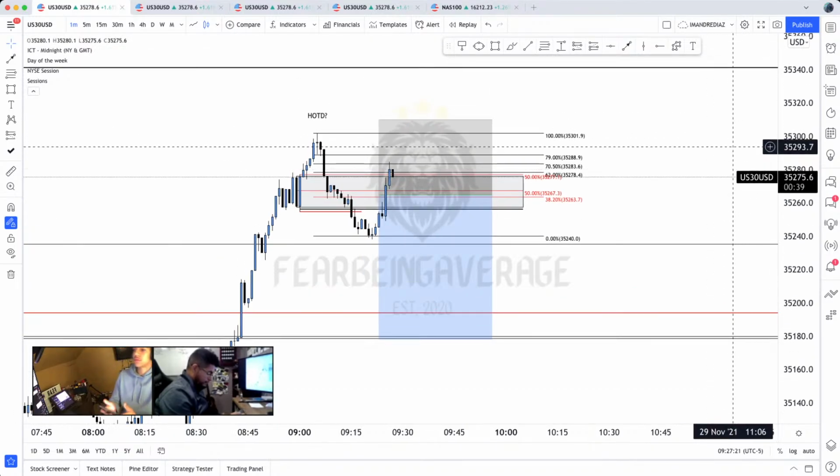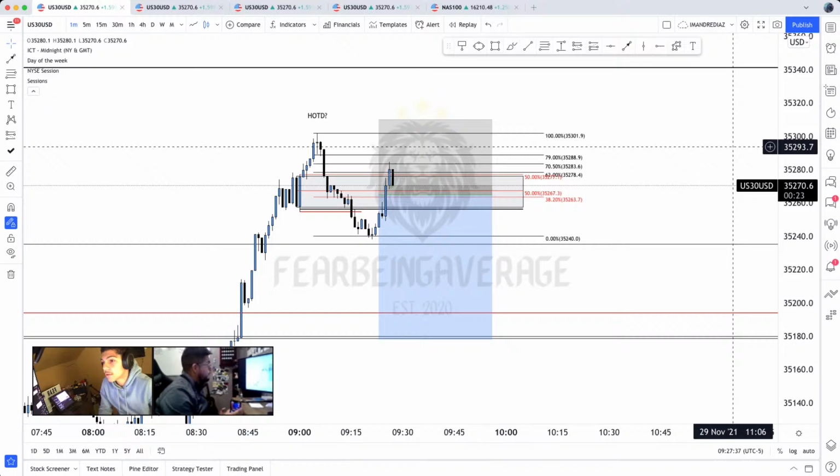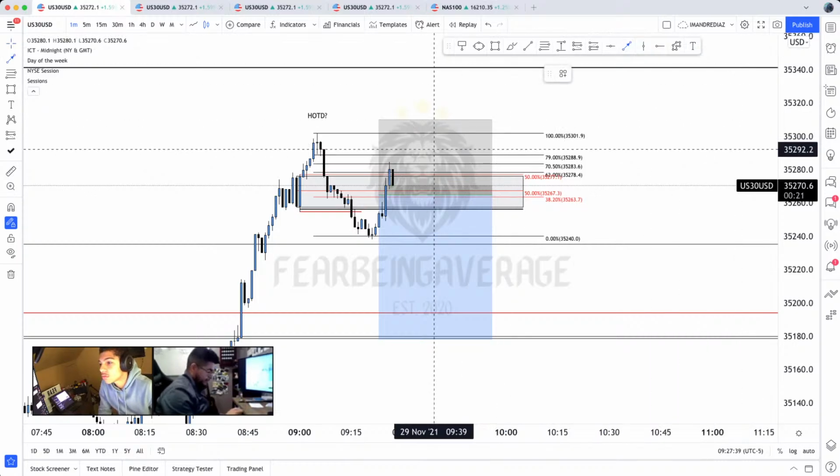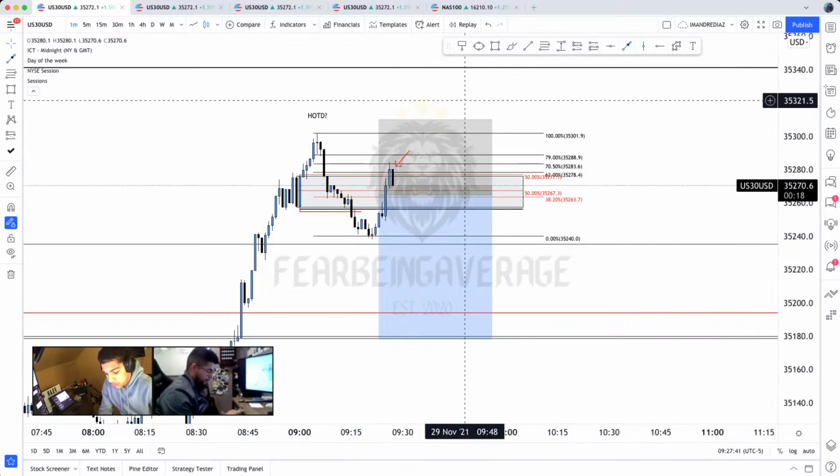I don't like the way it's closing, but I need to see an engulfing candle. If I can see a bearish engulfing, that would solidify what I want to see happen. But it looks like it's working. That's an engulfing I want to see. Yes, sir. Now it's showing me smart money wants to get in.